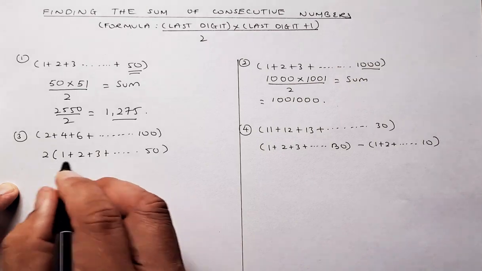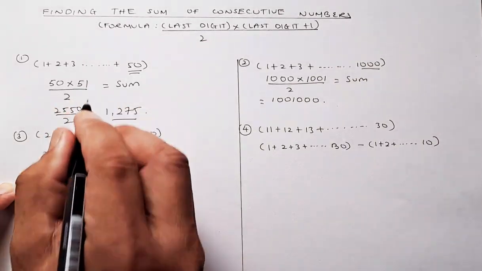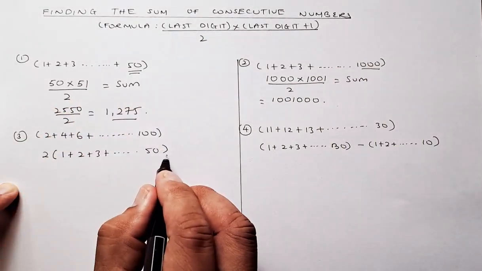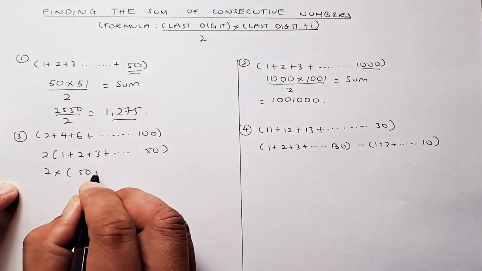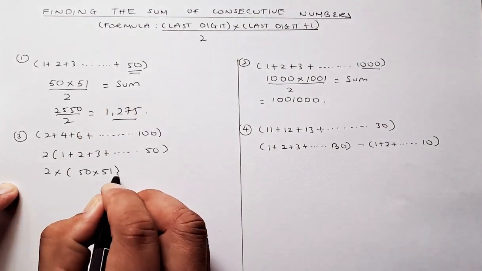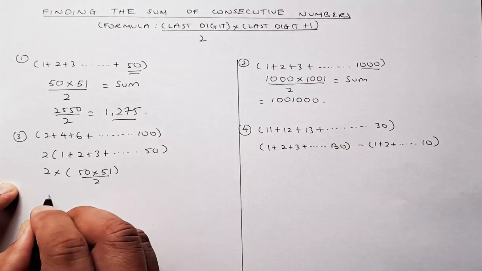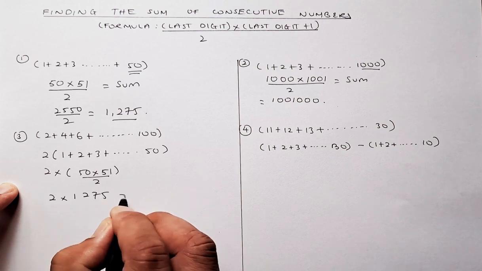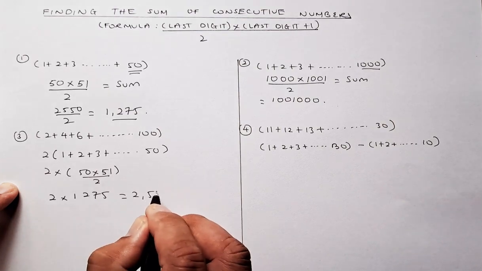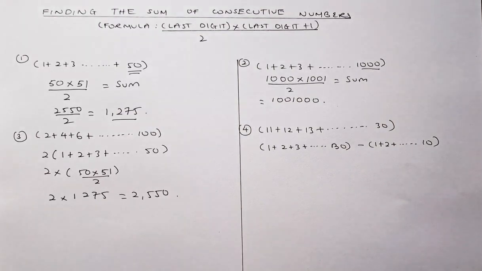You have found this part of the equation is the same as the first one. So it's 2 multiplied by 50 times 51 divided by 2. So it's 2 times this number, 1,275, and the answer is 2,550. This is just a modification of the first example.